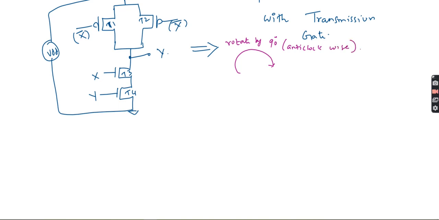The meaning is left rotate by 90 degrees. I do it only for our convenience. Once we left rotate, how will the circuit look? Just let me draw that.